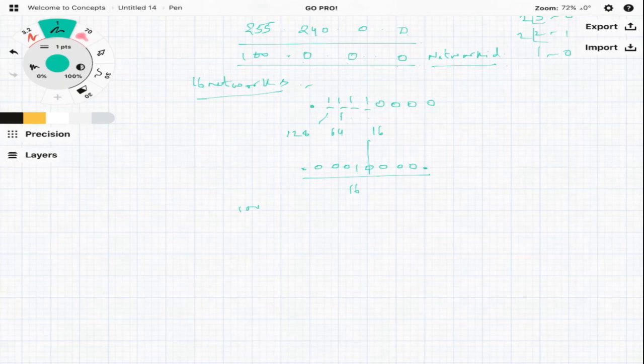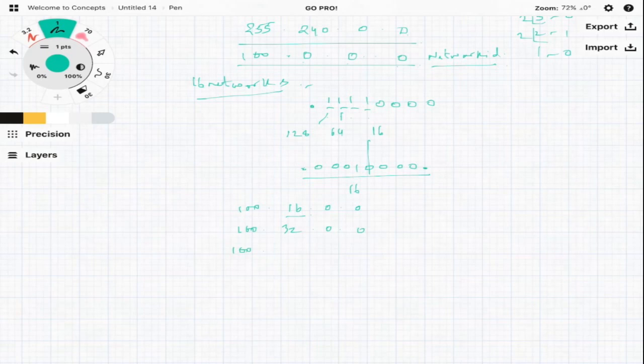So the next network ID is 100.16.0.0. In this way the number keeps on increasing. What is the next ID? The next ID is 100.32.0.0.